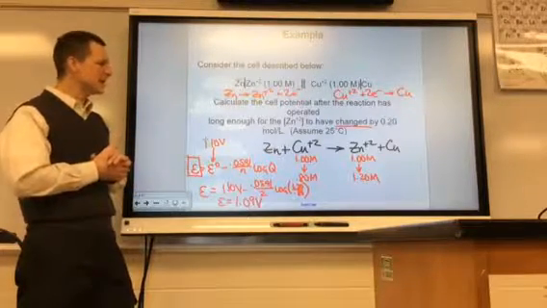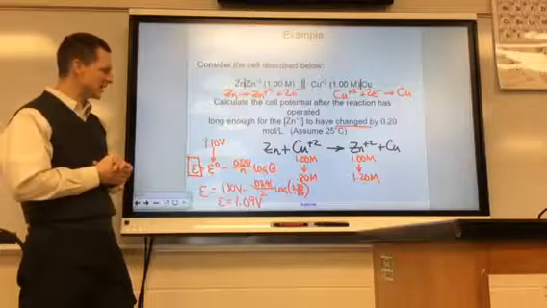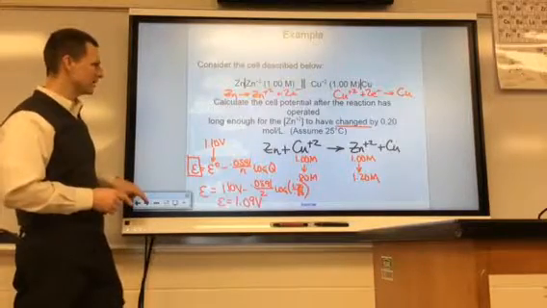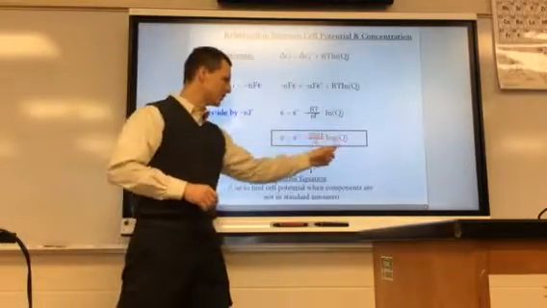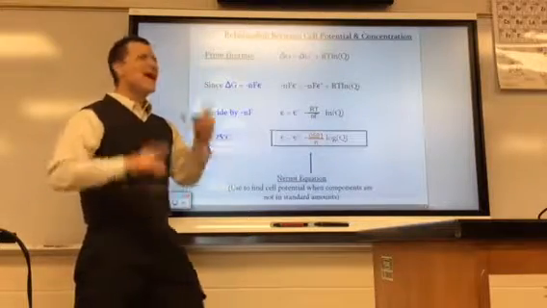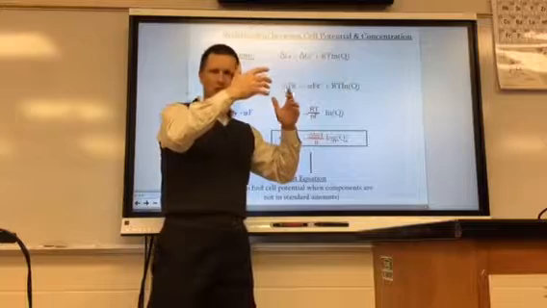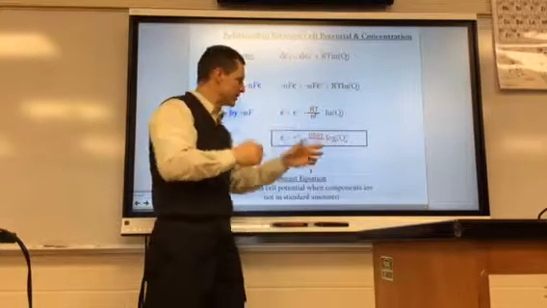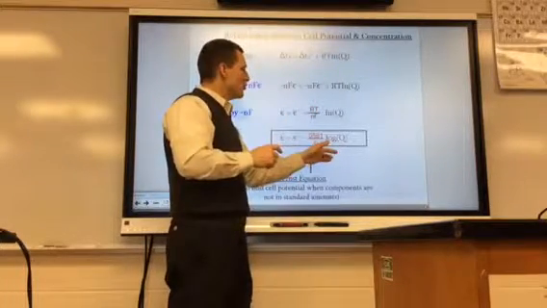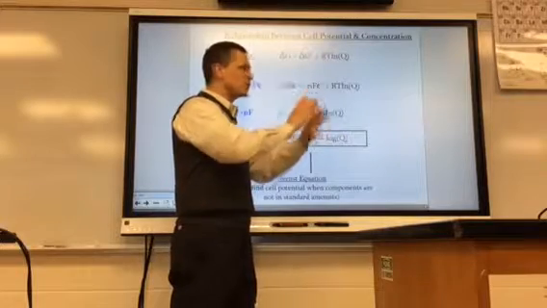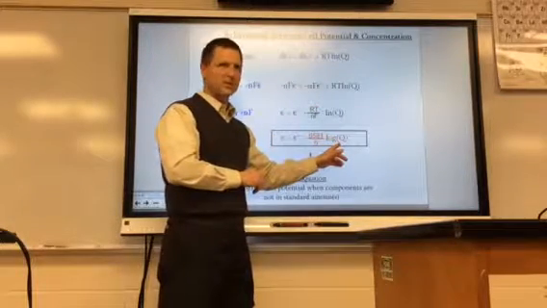Let's just see if we can come up with a general understanding. Looking at the Nernst equation, I'm going to go back so we have a nice clean version of the Nernst equation. As the reaction goes to the right, and we have changed by more than 0.2 or more than like 1/5 of the original concentration, what's happening to Q? Is Q getting bigger or smaller?